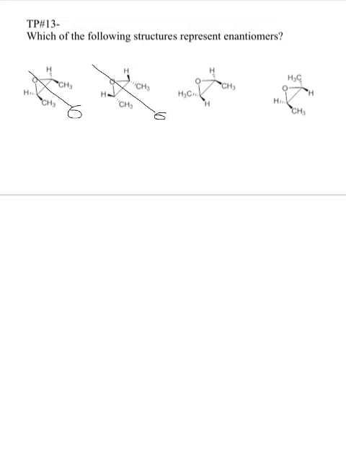Now these two do not, and then you could name them. If you start with this one, you would get an S, and that would be R, and then this would be R and S. You could do oxygen is 1, then this would be 2, 3, so you see that's R, but the hydrogen's coming at you, so then you go in back and it would be S, and you do that with the same.